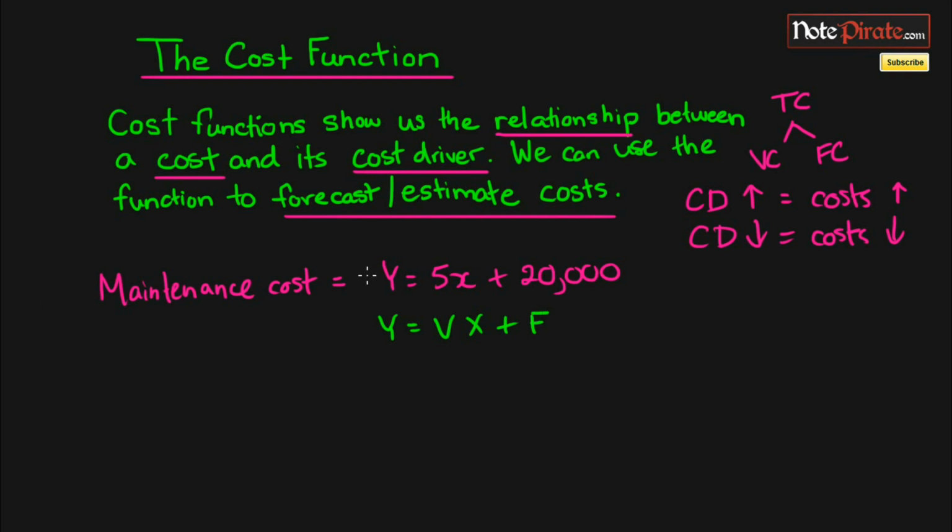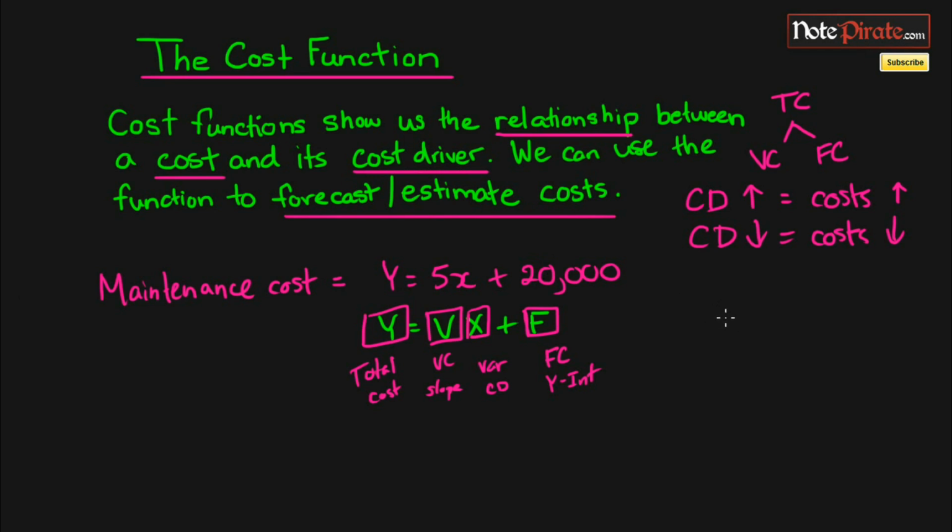Just to remind you, y stands for total cost, v stands for the variable cost, or the slope in mathematical terms, x is the variable or the cost driver, and f is the fixed cost or the y-intercept.